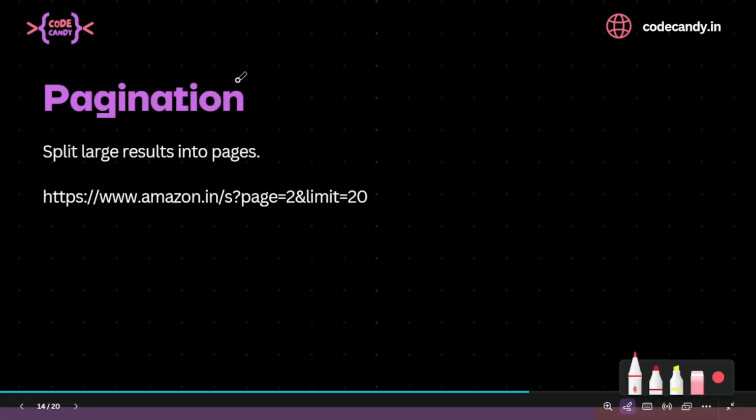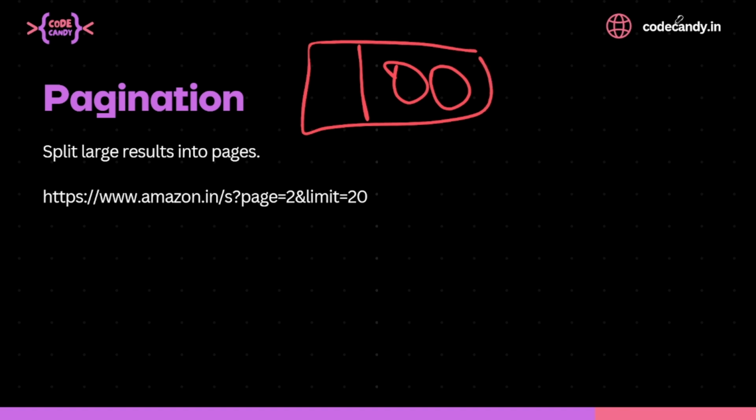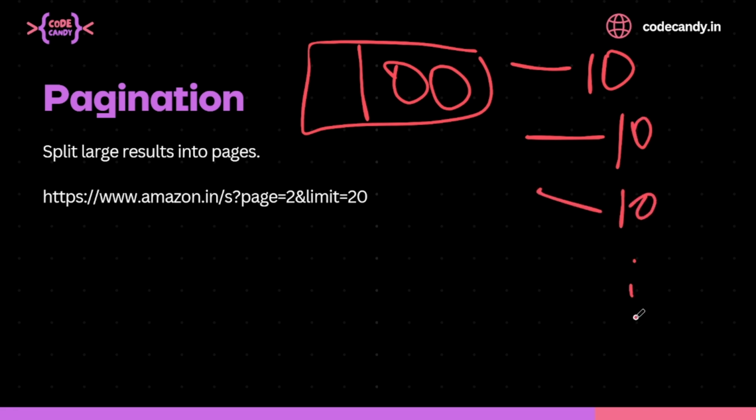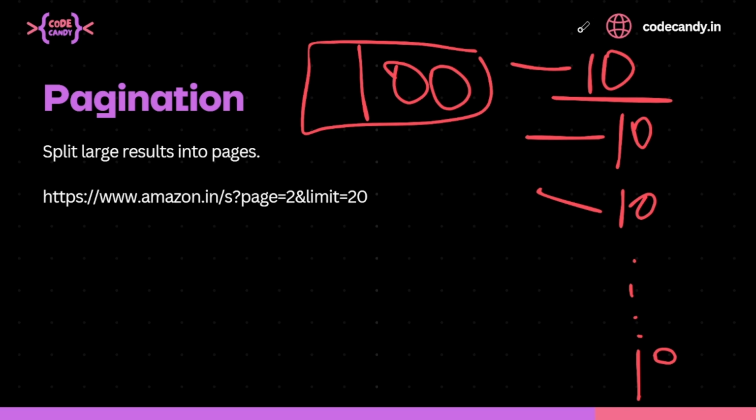Pagination. Whenever you search or fetch the data from the website or URI, suppose I am getting 100 products at a time, how can I see them? So I will split that data into 10 different pages, right? So that on each page I am only seeing 10 results.